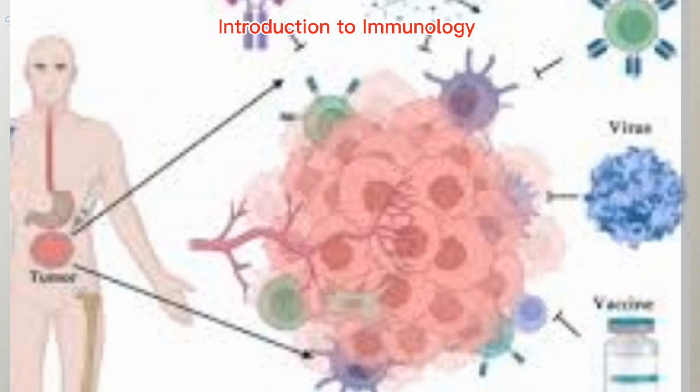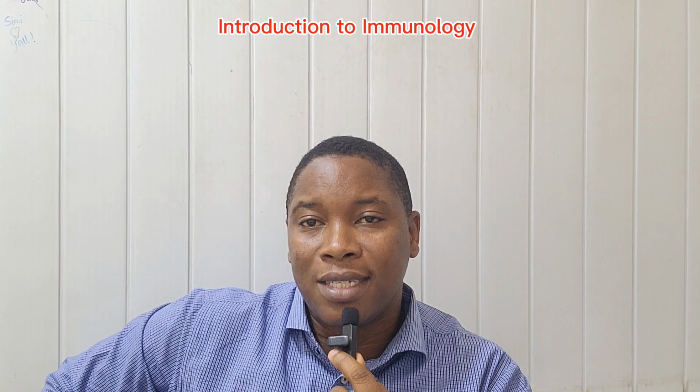Now that is in contrast to the second type of immunity, which we refer to as adaptive immunity. Adaptive immunity is immunity that is based on exposure. So it's the part of the immune system that needs to be sensitized.